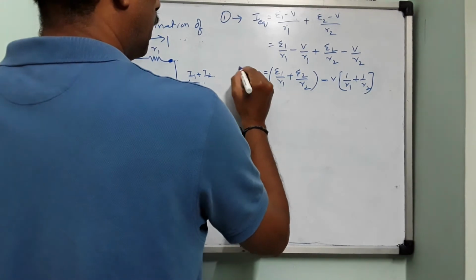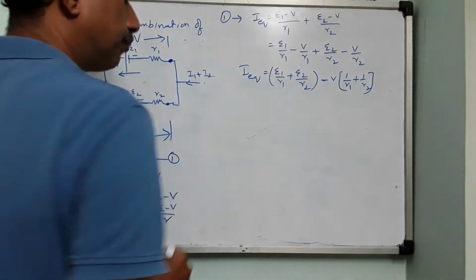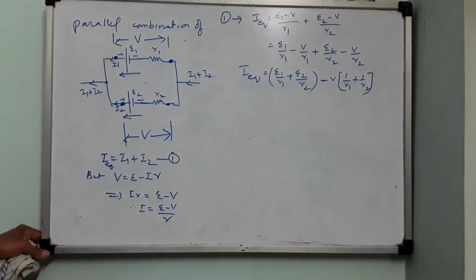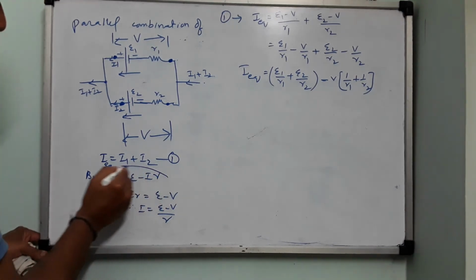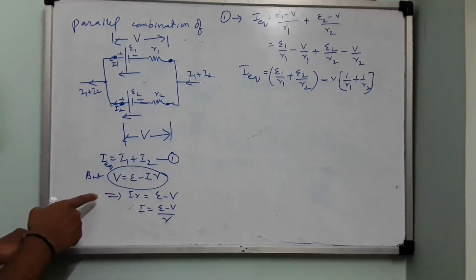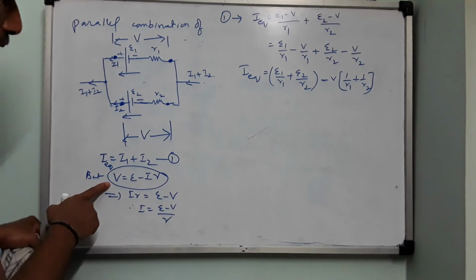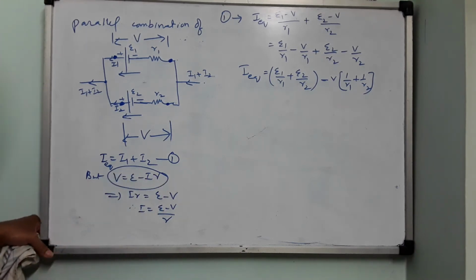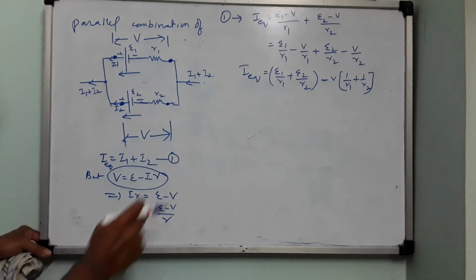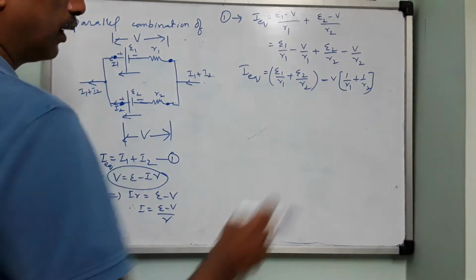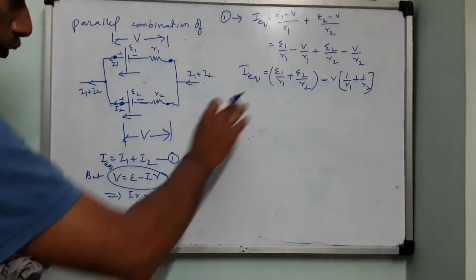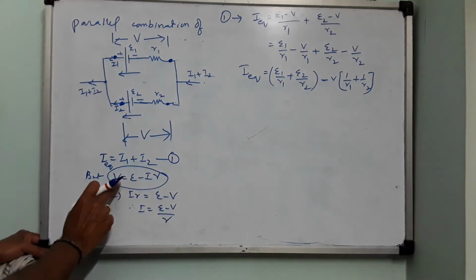This is I equivalent. But what is the format of the equation? You always should get an equation in this form only: V should be on the left-hand side and the remaining things on the right-hand side for the equivalent EMF derivation. But you see, we have I on the left-hand side and the other things on the right-hand side. So we should rearrange these things in this format.